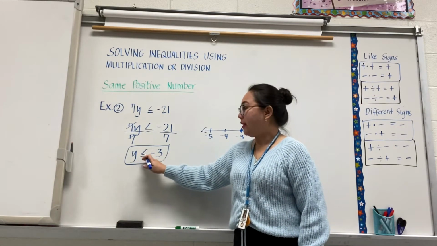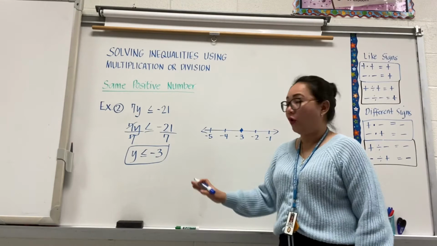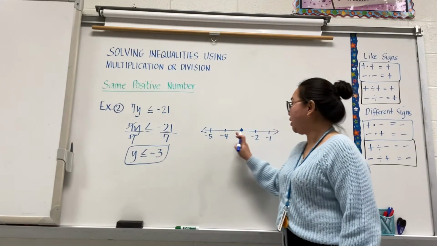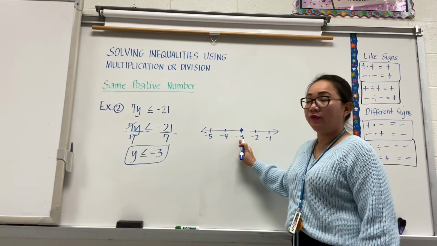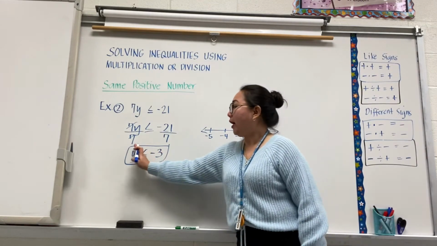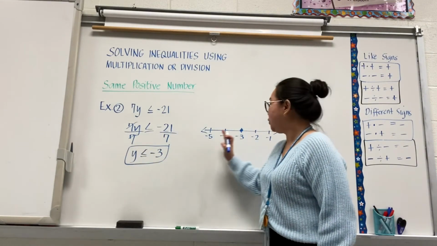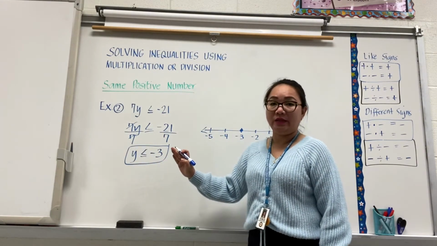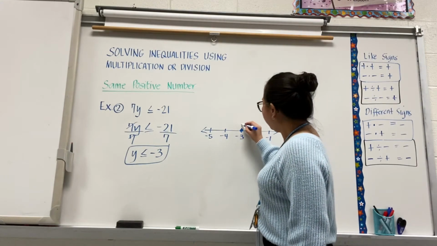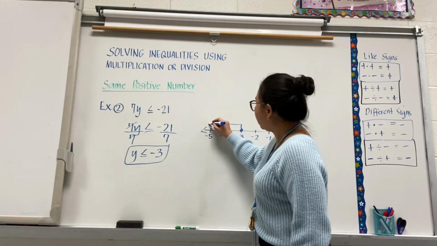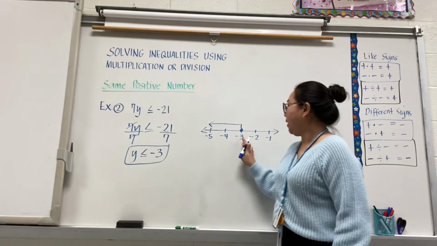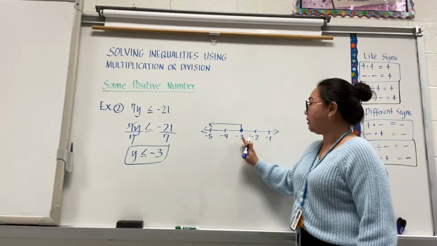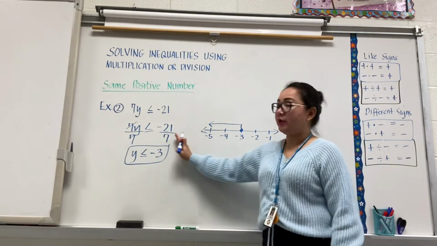So all numbers to the left of negative 3, which includes negative 3. So y represents the number to the left of negative 3. So draw your graph like this. So negative 3 is included. So it starts at negative 3 to the numbers to the left.